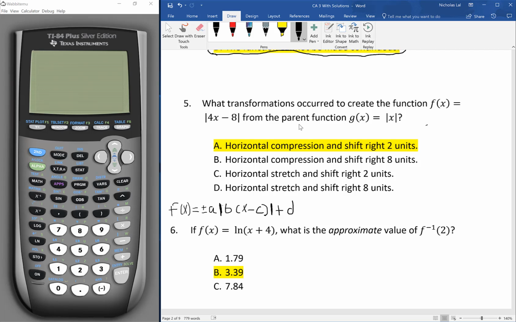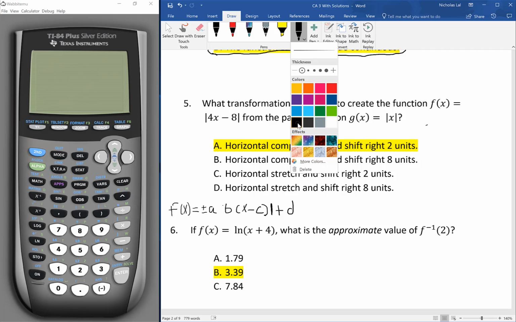And I should say that's a plus or minus, to be more accurate, there's a plus and minus b here.